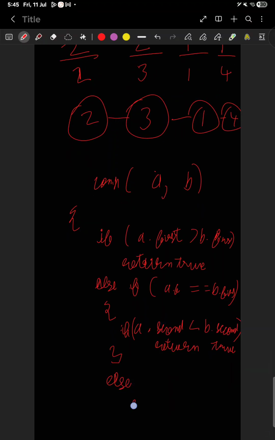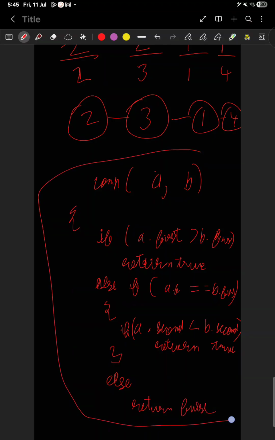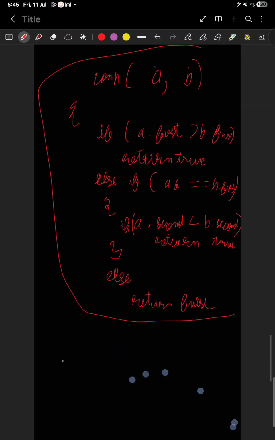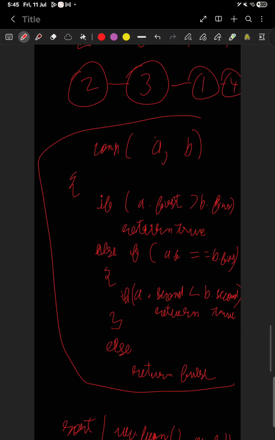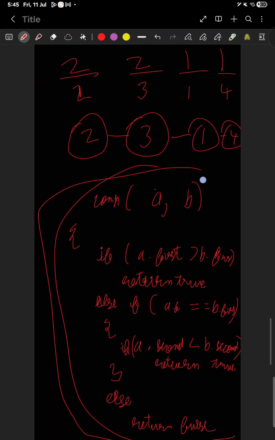In all other cases it would return false. So this would be our comparator function. Now we have to just apply sort with vec dot begin, vec dot end, and then we pass the comparator function here. So it will sort according to this comparator function.